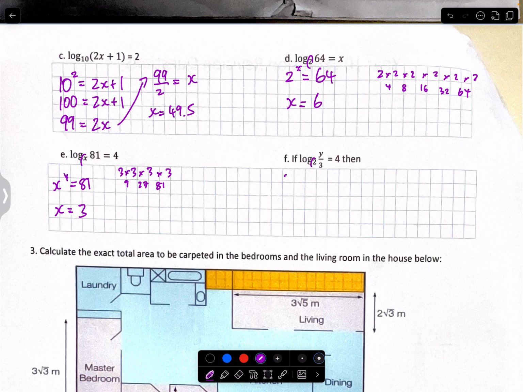Log base 2 to the power of 4 is equal to y over 3. 2 to the 4th, 16, equals y over 3. Opposite of dividing by 3, timesing by 3, so y is equal to 48.